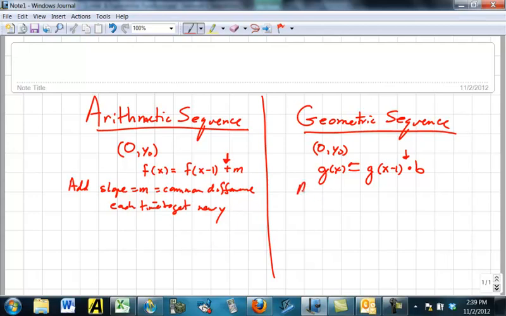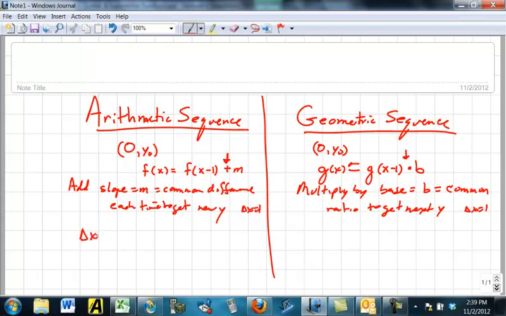Over here we multiply by the base b, which is the common ratio, to get the next y. And this is when delta x is 1. So when delta x is 1, what is the slope? The slope is delta y, which is y2 minus y1.